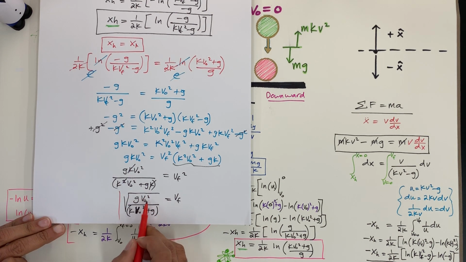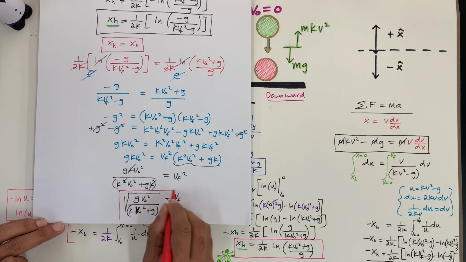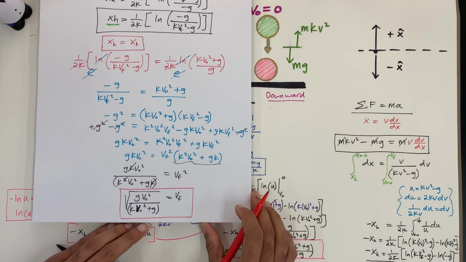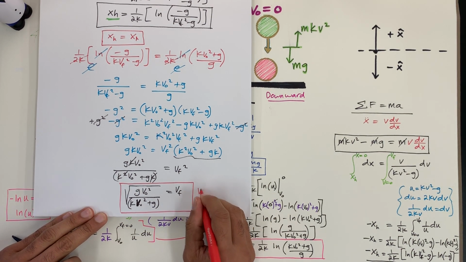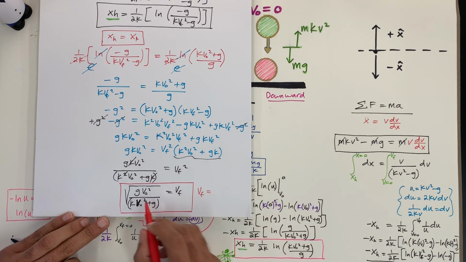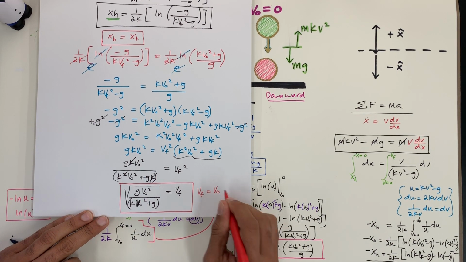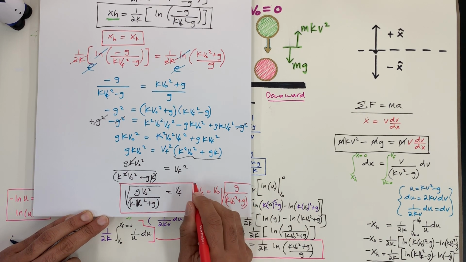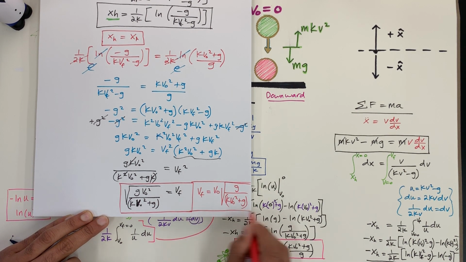We could also take this v initial squared out of the root, but since I'm running out of space, maybe I'll write it on this side. So v final can also be written as v initial times the square root of g over k v initial squared plus g. Okay, so both of these are the same thing.